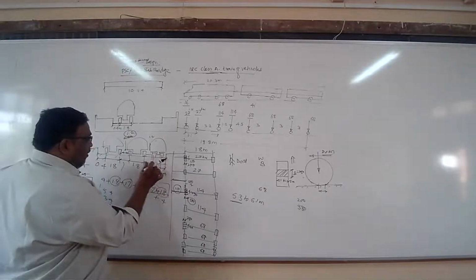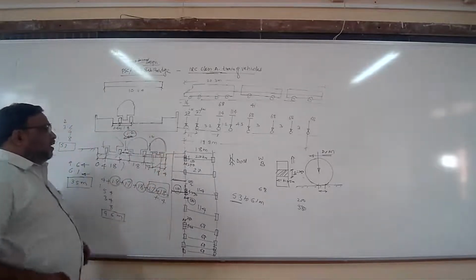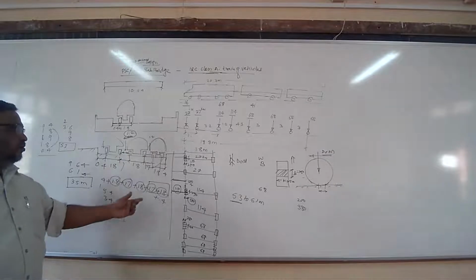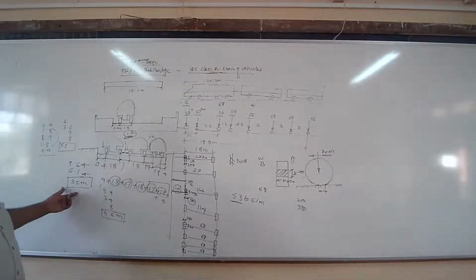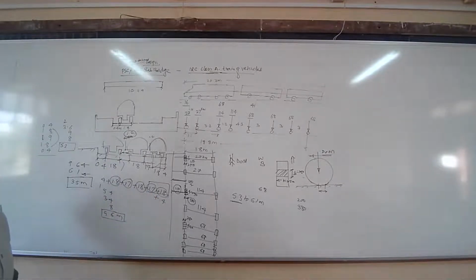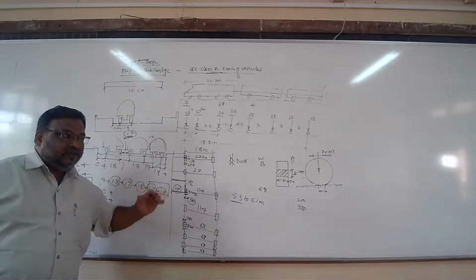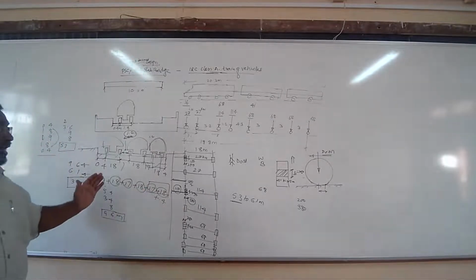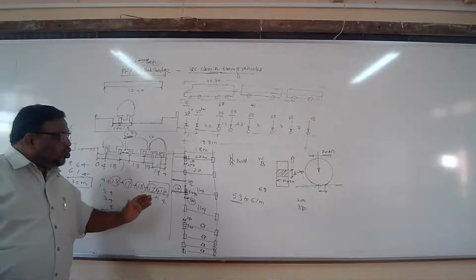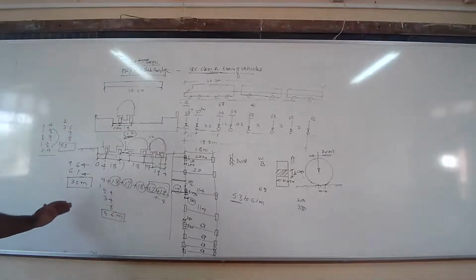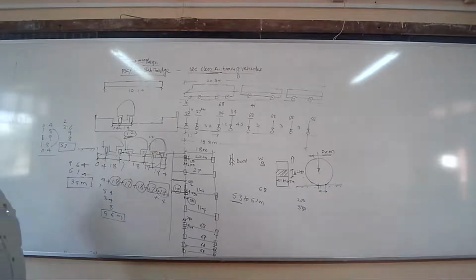This 1.7 and 1.8 is getting increased because of one additional vehicle. So that total amounts to 3.5 meters. So for every lane increase, the carriageway width is to be increased by 3.5 meters minimum. Okay, fine.